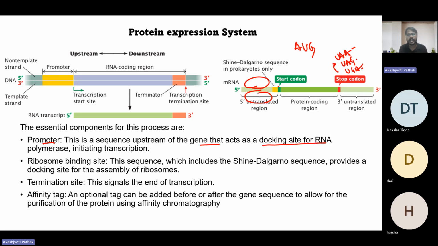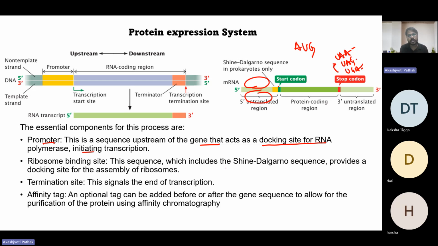Docking site means your RNA polymerase will bind here and then initiate transcription. Initiation will start from the transcription start site, but this promoter region must be present so that this sequence will specify which portion of the DNA has to be expressed. So this region must be present. Okay. Then there is the ribosome binding site.